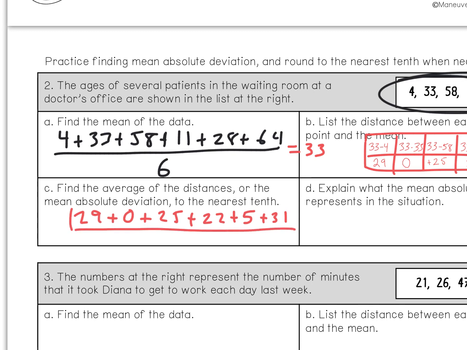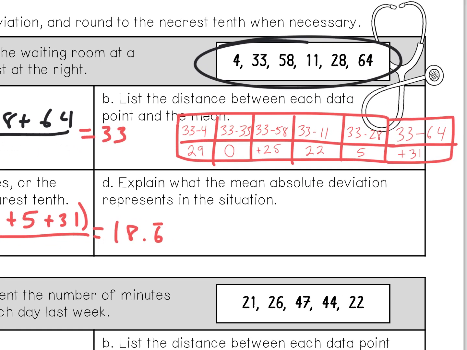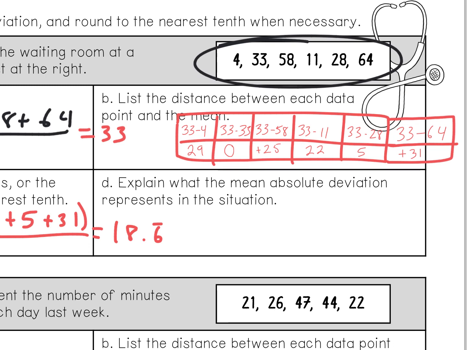Okay, and then we have to divide that by 6 again. 18.6 repeating. There's a 7 at the end. Correct, which is why it's repeating, because the calculator can only go so far.